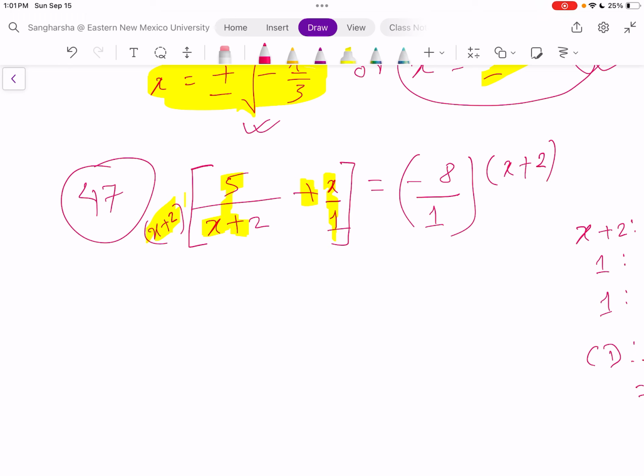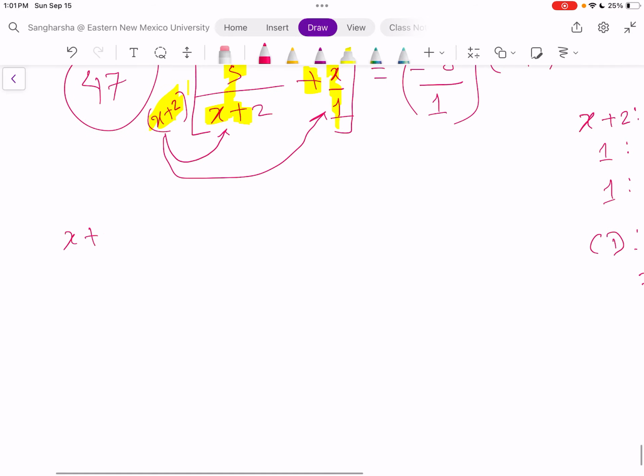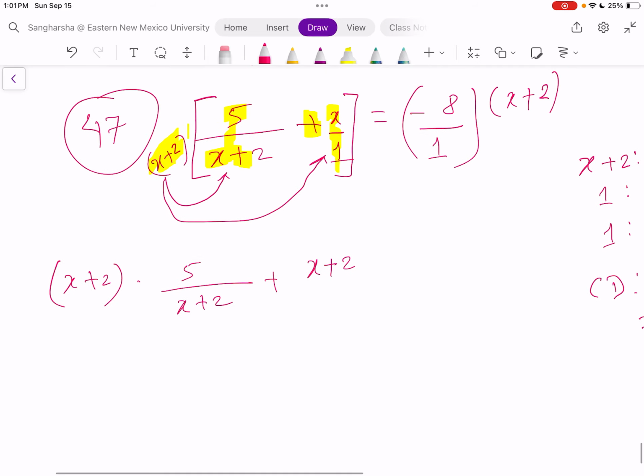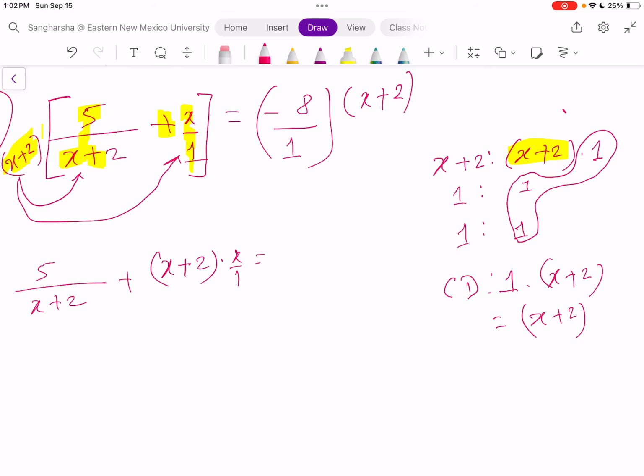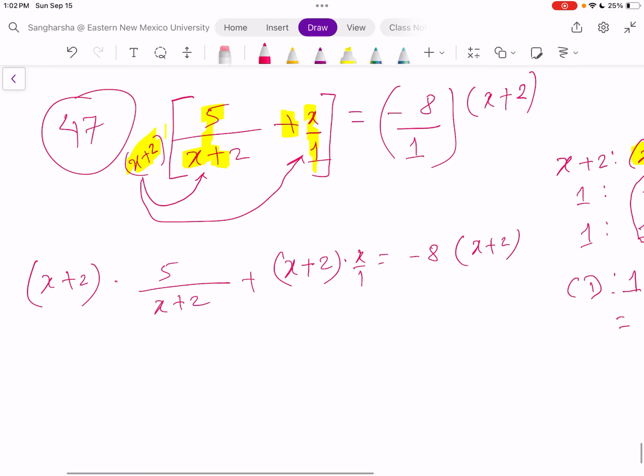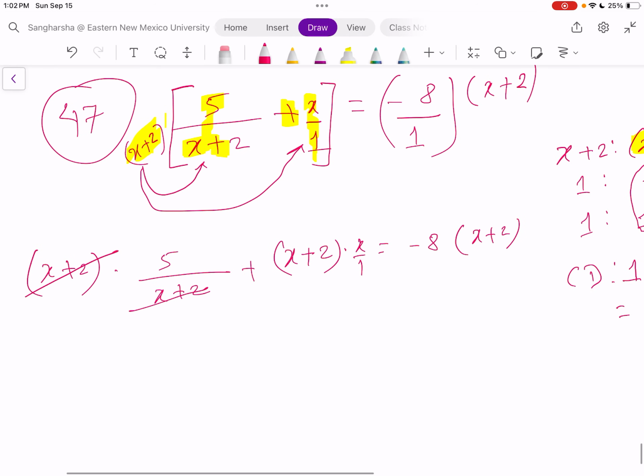So we need to distribute this x plus 2 to the first expression as well as the second. Make sure to have parentheses: x plus 2 times 5 divided by x plus 2, plus you distribute x plus 2 to the next term, x over 1, times x over 1, equals negative 8 divided by 1, that is negative 8 times x plus 2. Now we can cancel these two common factors, so we have the multiplication.